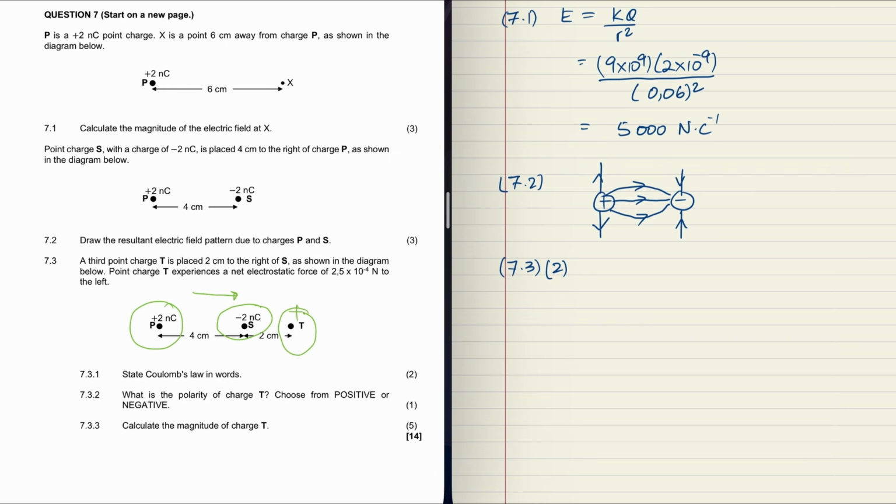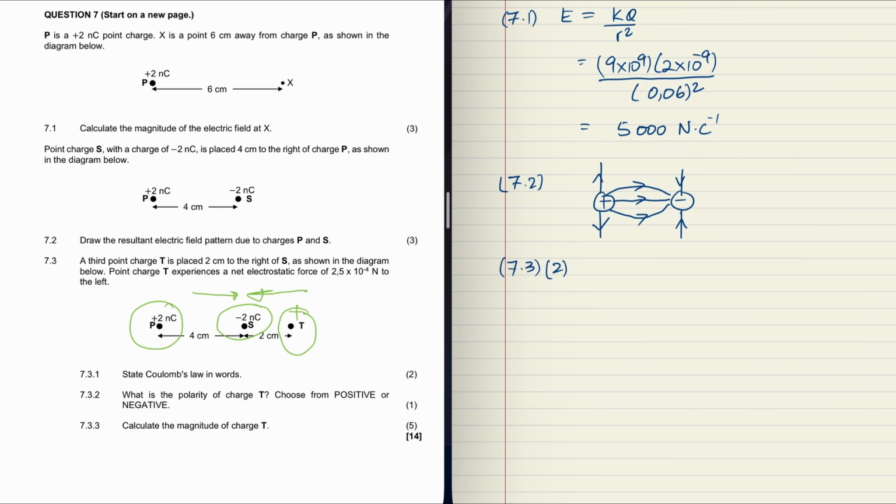That force of attraction is going to want to pull it left, and it's going to pull it left with a greater force than it's being repelled because S is closer to T. And does that work? Yes, it does work, because we can see that the resultant is going to be to the left. So let me just sketch that out again for you.